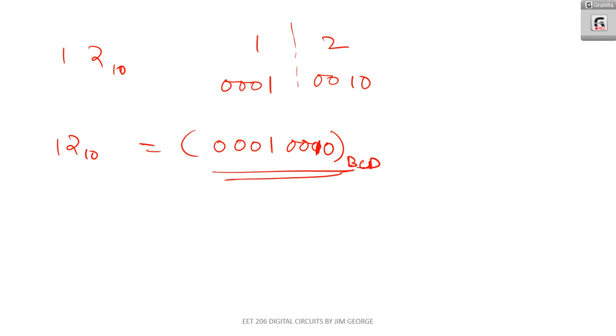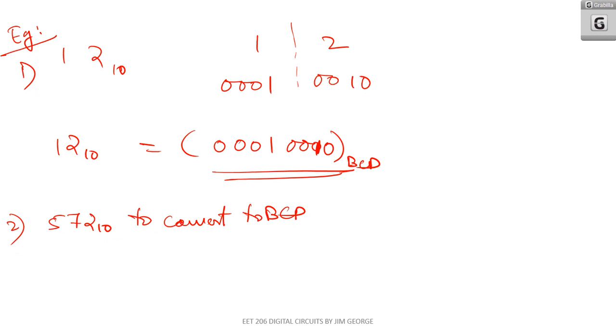So I think you have understood the concept of decimal to BCD conversion. Another example: if you are given the number 572 to the base 10 to convert to BCD, you have to separate it into 5, 7 and 2.